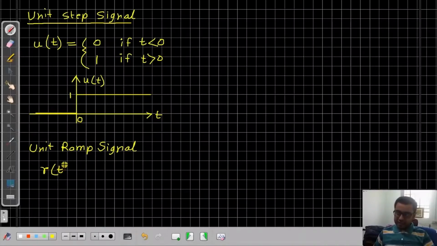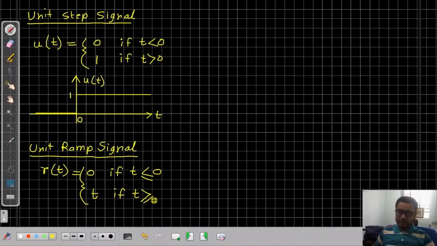R of t, R for ramp, is equal to 0 if time is less than or equal to 0, and its value is same as t if time is greater than or equal to 0. Let me draw this ramp signal.